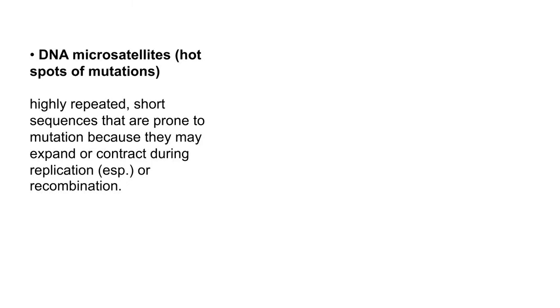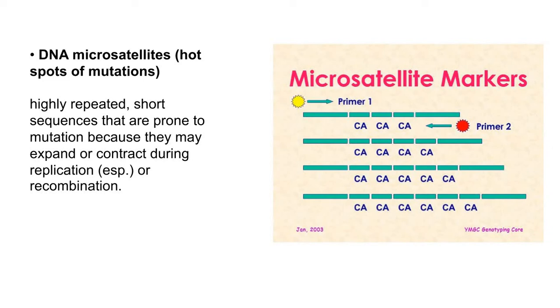Microsatellites are called hotspots of mutations. These are highly repeated short sequences, and because of that, they are prone to mutations. Sometimes they expand, sometimes they contract, during replication or during recombination.